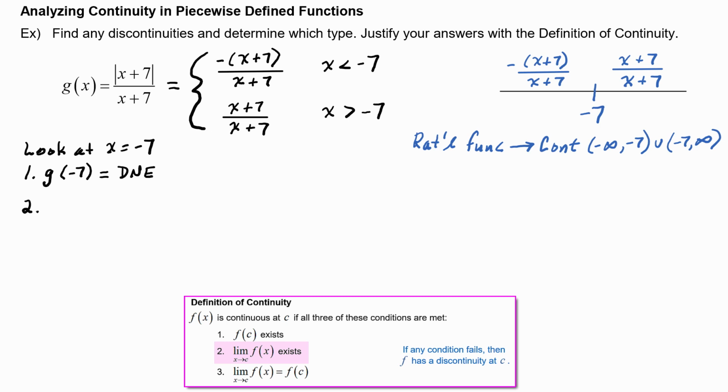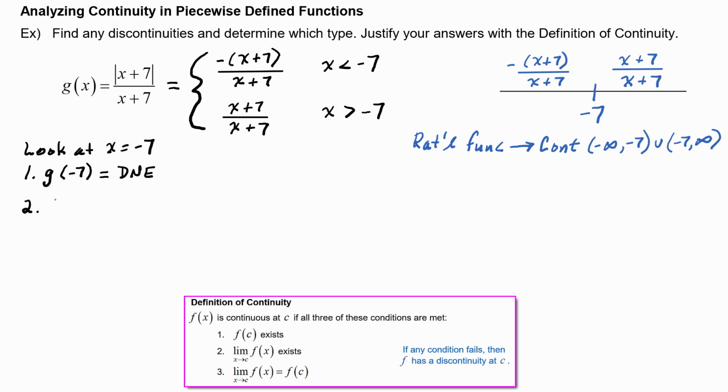Now, in step 2, we actually have to find a two-sided limit, but because we have a piecewise defined function, we can see right away that the limit coming in from the left is going to use a different definition than the limit coming in from the right. So that's our signal that we can't do the two-sided limit directly, and we need to do the one-sided limits.